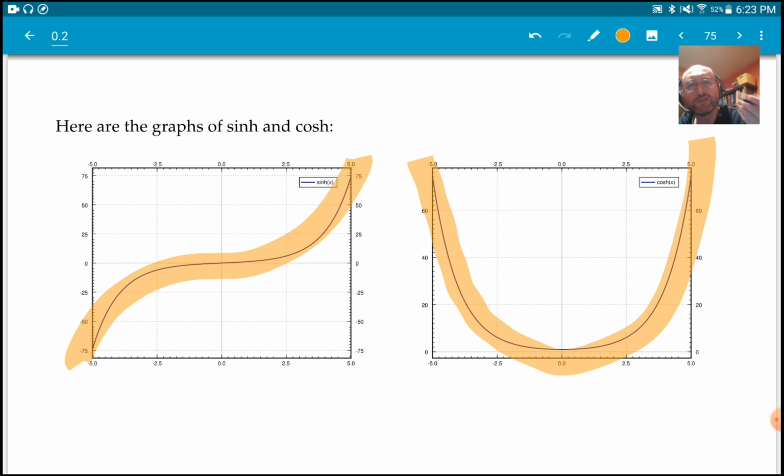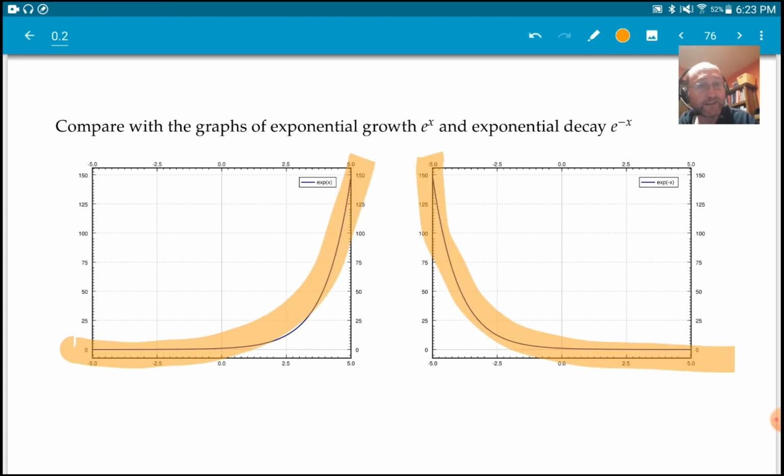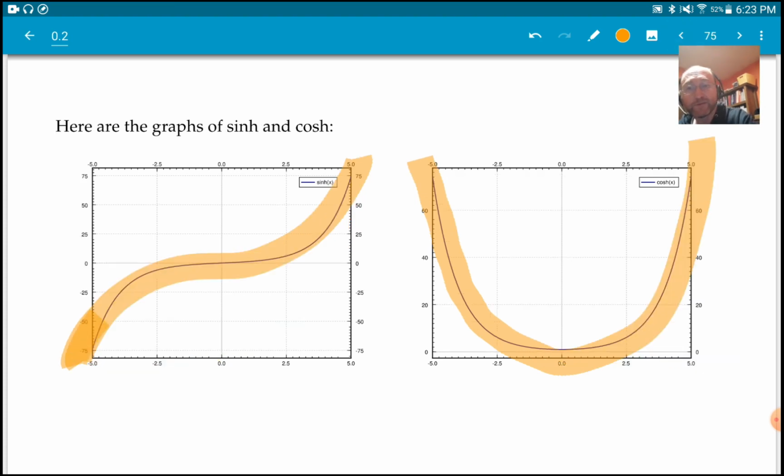Those are sinh and cosh, and they're just a combination of the exponentials. This is the exponential growth, this is exponential decay, so it's e to the x and e to the minus x. When you combine them in two different ways, one with the negative sign, one without, you get either this shape or this shape.